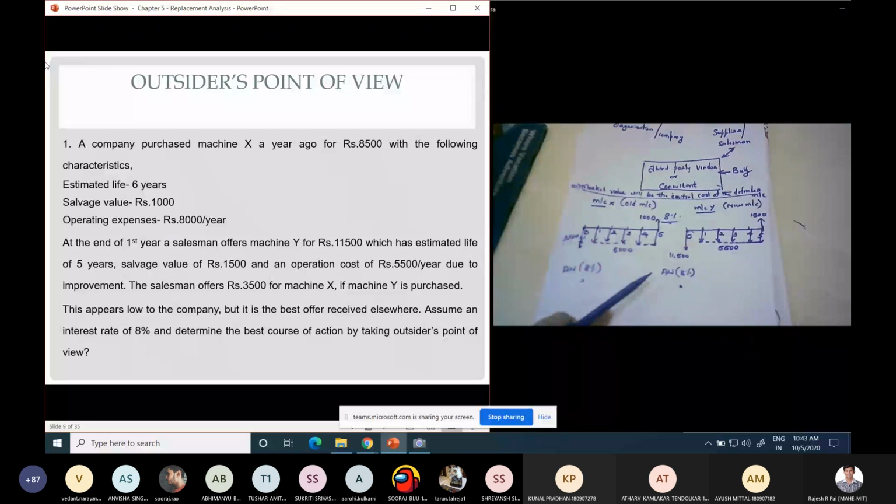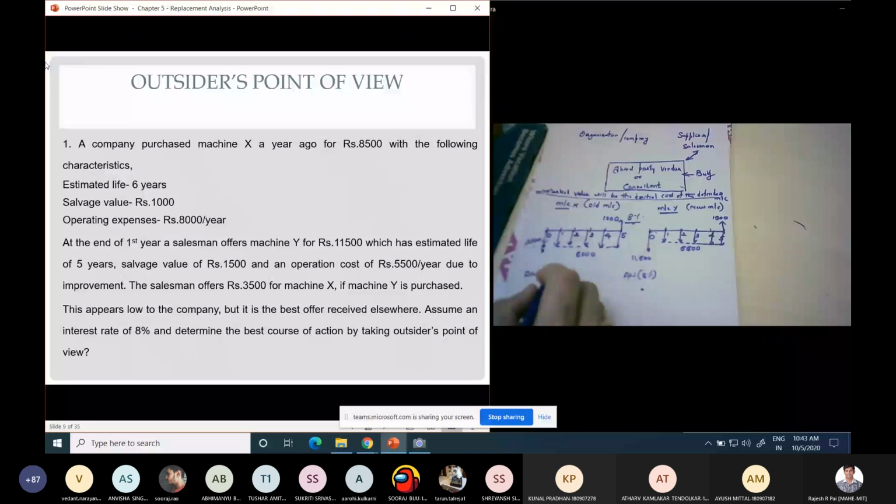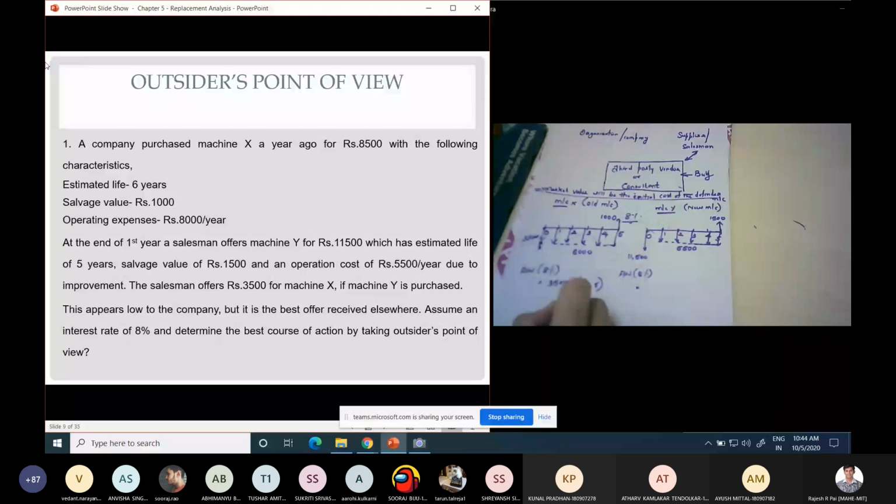Now you calculate it on an annual basis. So 3,500 is the initial cost, and we have to distribute it on an annual basis. So it will be A by P, interest rate, for a period of 5 years. Then you have 8,000, which is already an annual operating cost, so no need to multiply it with any interest factor.